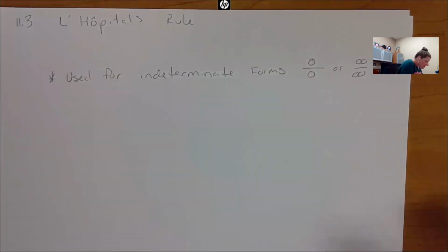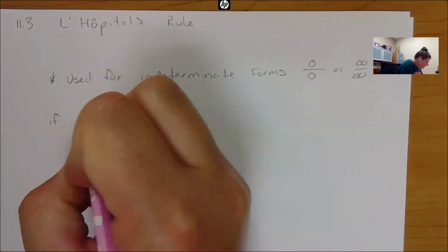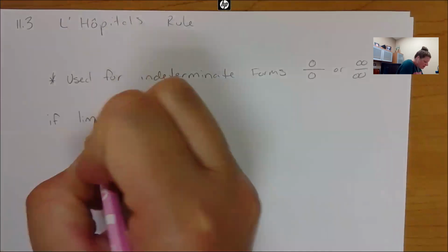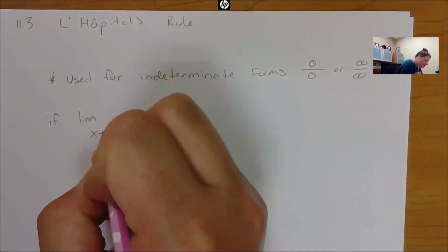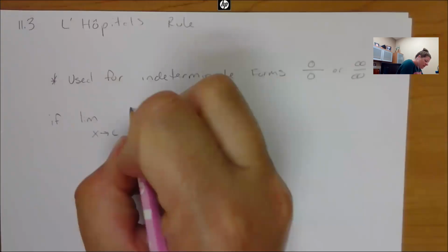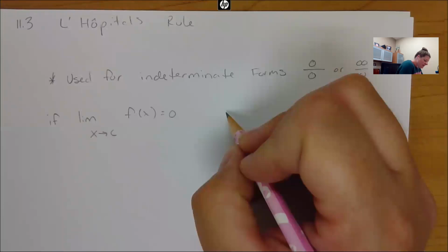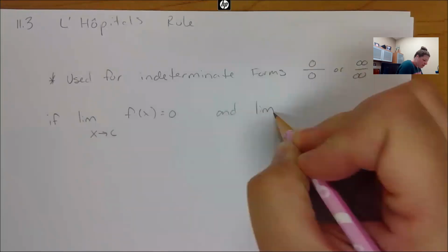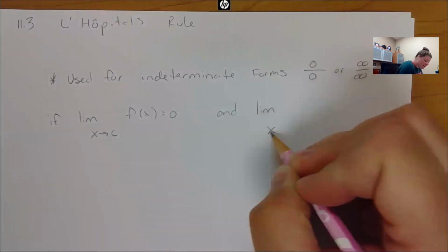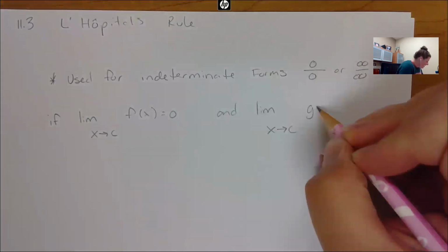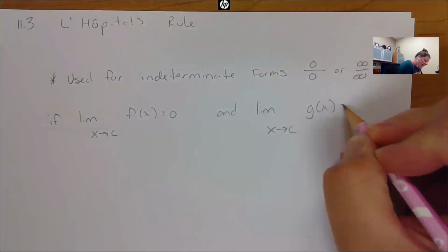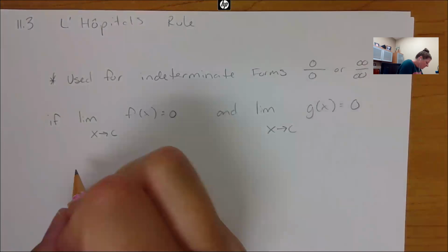So this one reads, if the limit as x approaches some kind of number, c, of a function equals 0, and the limit as x approaches c of a second function equals 0, then the following is true.